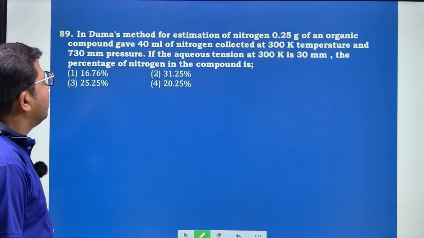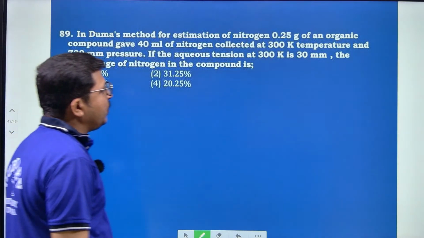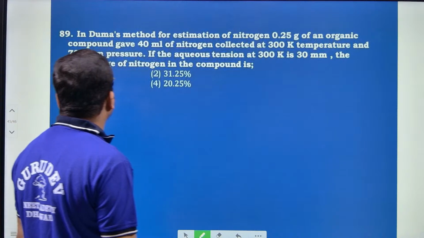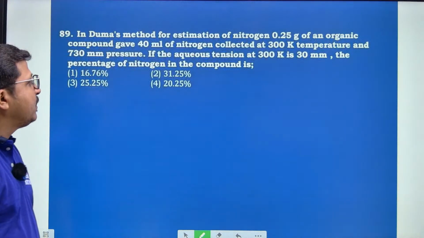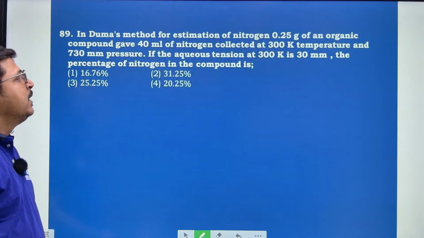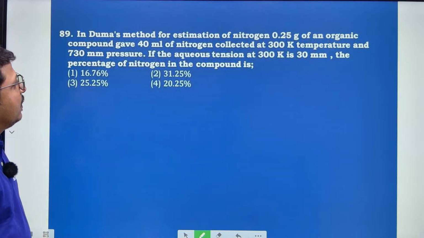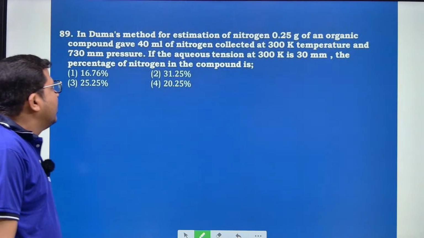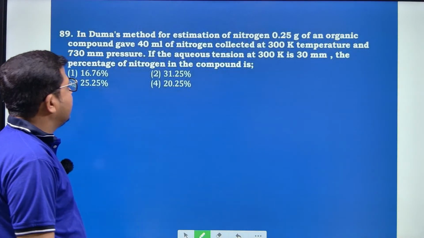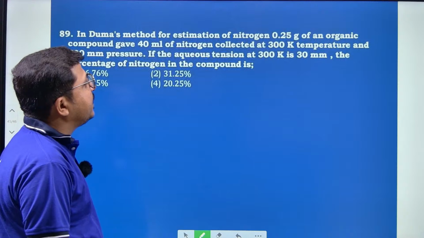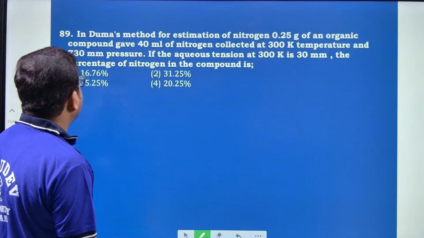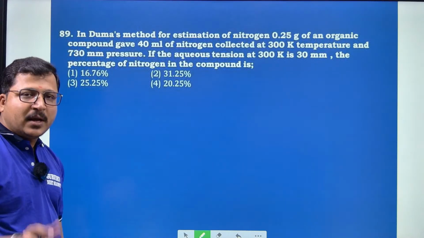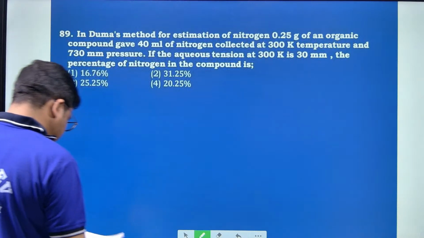In the Dumas method for the estimation of nitrogen, 0.25 gram of an organic compound gave 40 ml of nitrogen collected at 300 Kelvin temperature and 730 mm pressure. If the aqueous tension at 300 Kelvin is 30 mm, the percentage of nitrogen in the compound is? Let's solve this problem.